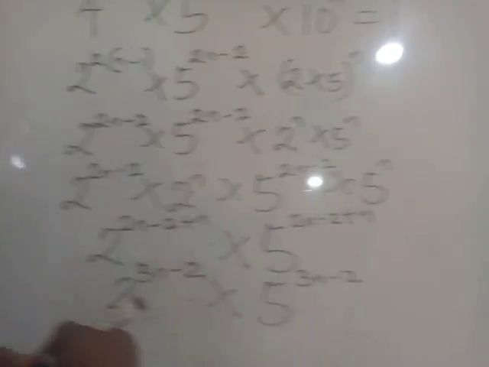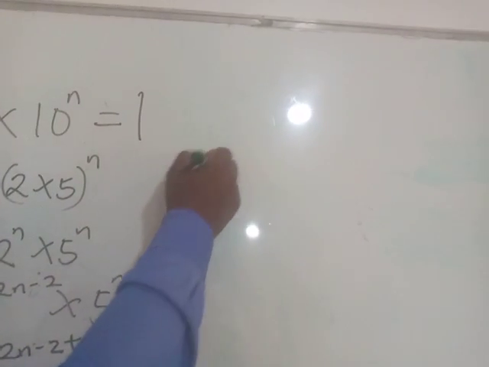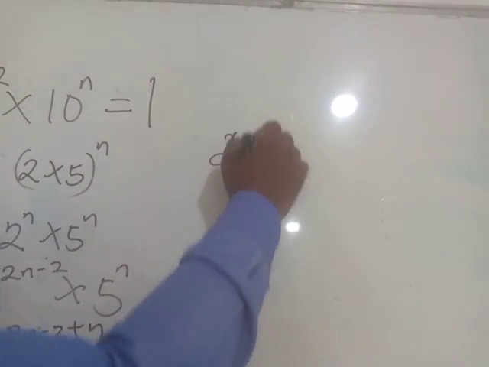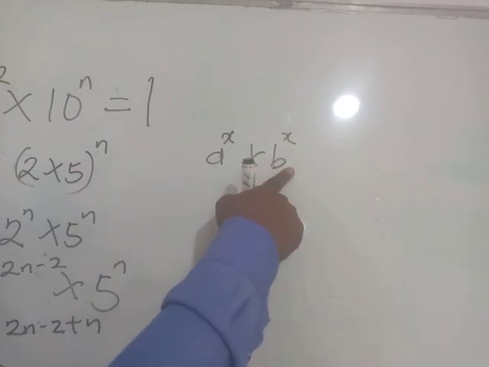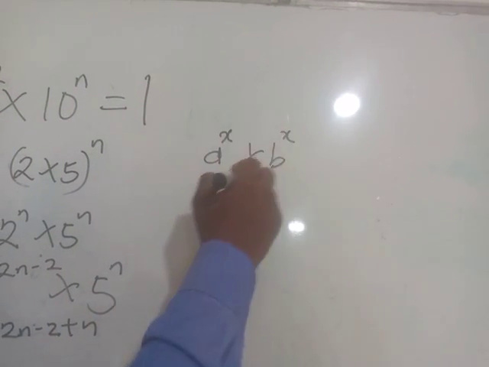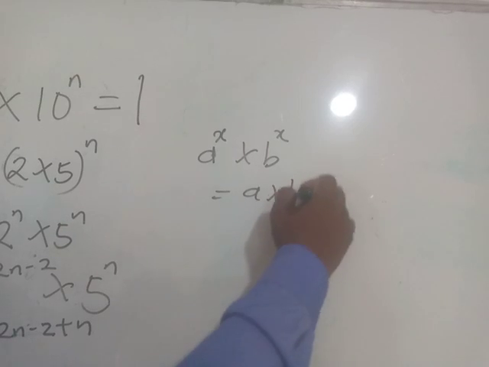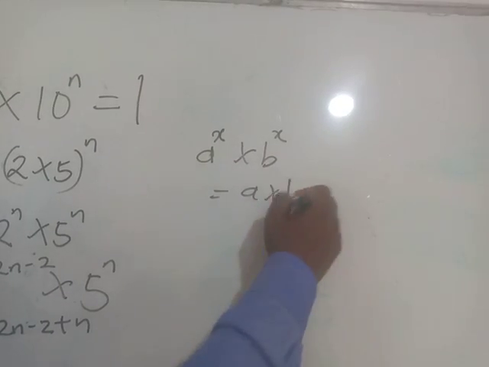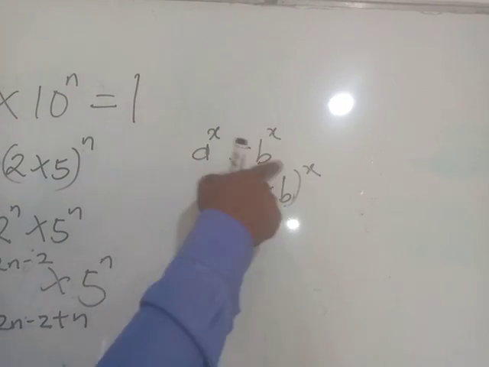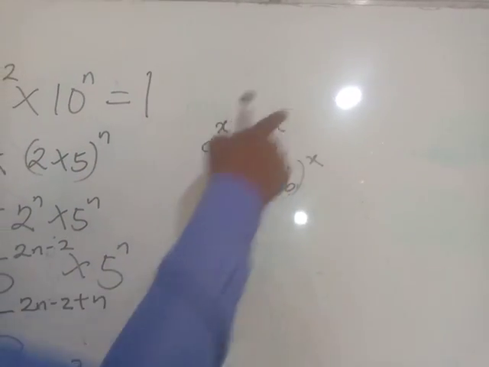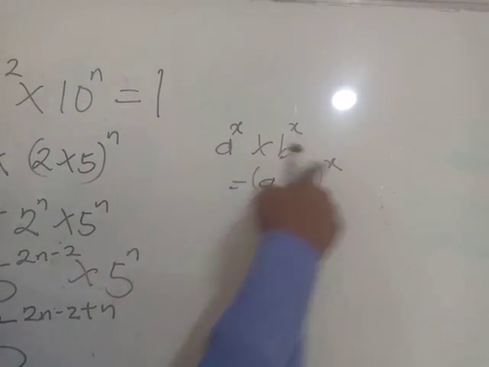There's a law of indices that states that if I have a raised to power x multiplied by b raised to power x, if the bases are different but the powers are the same, multiply the bases, then pick one of the powers.